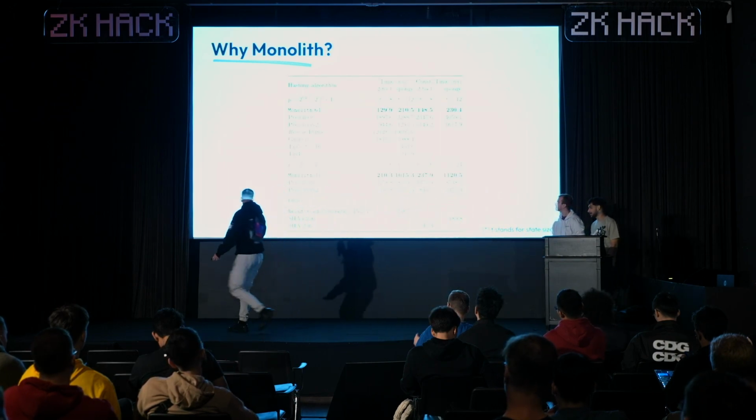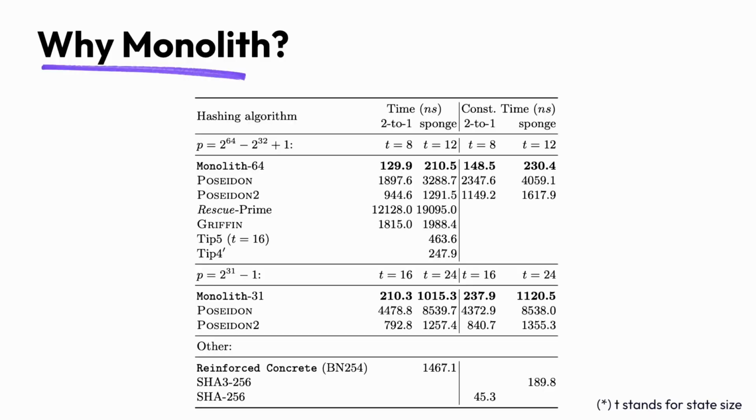Okay, so I'm going to go fast through this. But basically, as you can see in the table, if you take a look at Monolith and compare it, for example, against Poseidon and Poseidon 2, which were the past candidates to do the very same thing, in terms of how much time you need to compute Monolith inputs and outputs, it's almost 10 times faster than the previous candidates, okay?